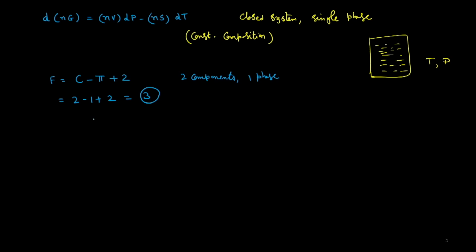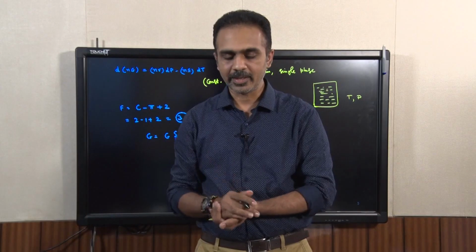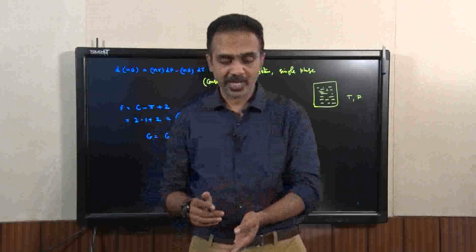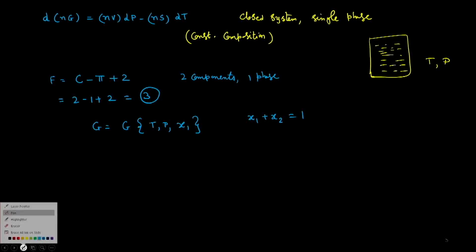So we can think of this as the Gibbs free energy. It can be any thermodynamic variable. Let's say the Gibbs free energy is a function of temperature, pressure. We need 3 variables. One is temperature, the second one is pressure, and the third one can be mole fraction of one of the components, right? Note that when I say mole fraction of one of the components, I can choose either x1 or x2. Once I choose x1, since the 2 mole fractions should add to 1, x2 is automatically fixed. So I could have said T, P, x1, or I could have said T, P and x2. It doesn't matter.